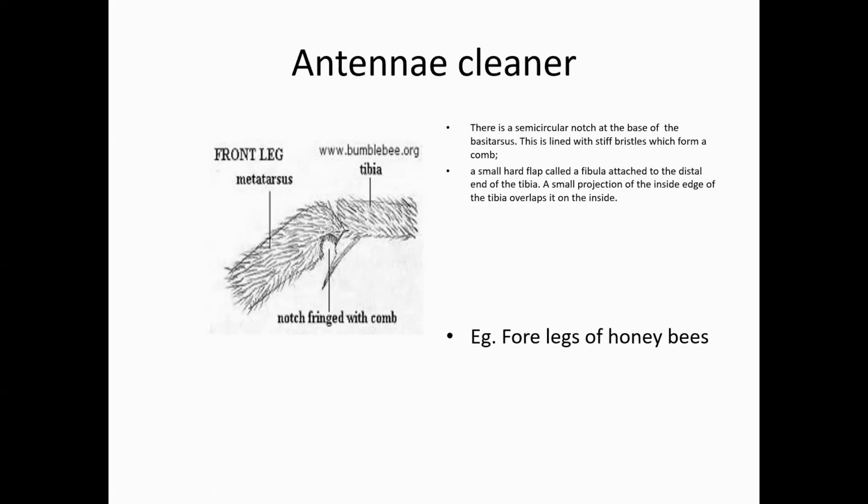And the antennal flagellar segments of the honeybee, they keep into this groove-like structure and then they withdraw that so that the antennae gets cleaned. So this is antennae cleaner type. It is observed in case of all legs of honeybees.